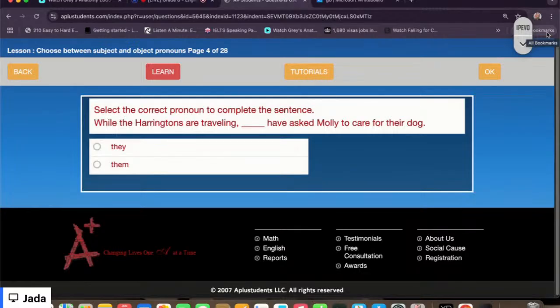So while the Harringtons are traveling, they or them have asked Molly to care for their dog? Okay, so they have asked Molly to care for their dog.